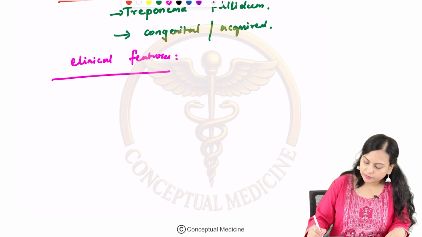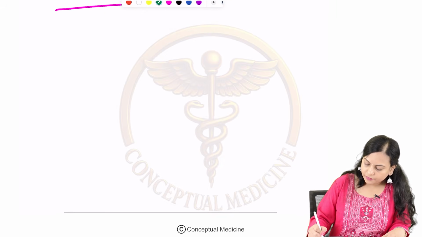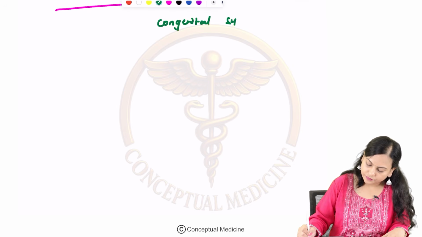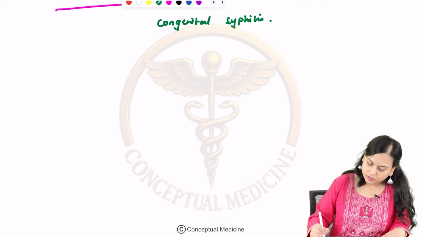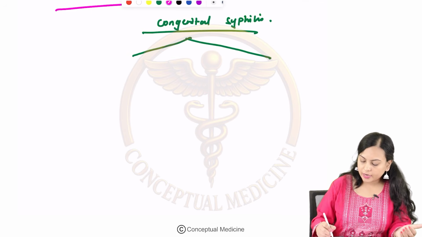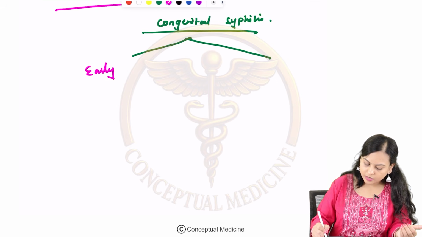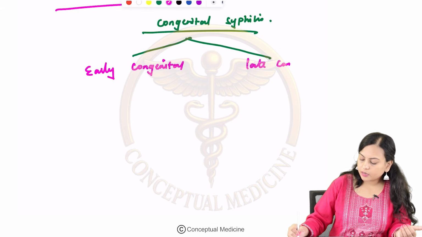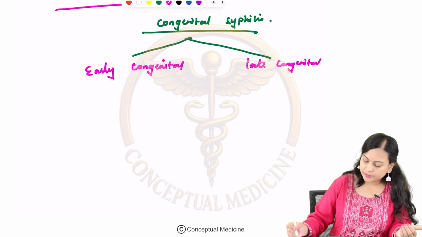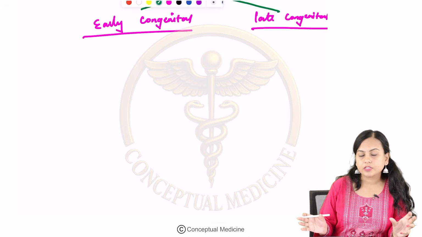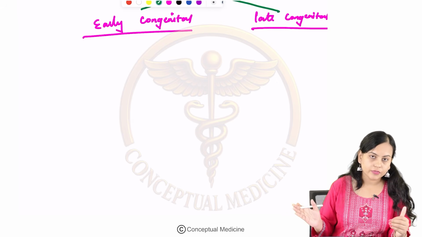Clinical features for congenital syphilis will classify this into again early congenital syphilis or late congenital syphilis. And early congenital means it is going to be transmitted between 0 to 2 years of after birth.